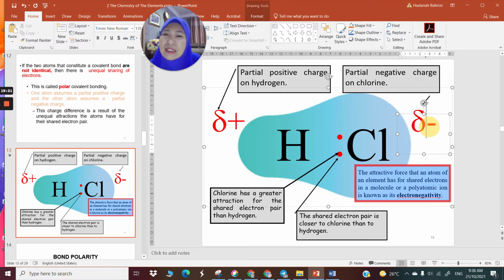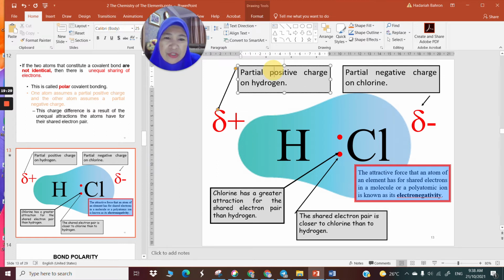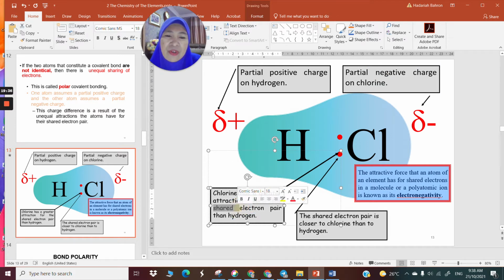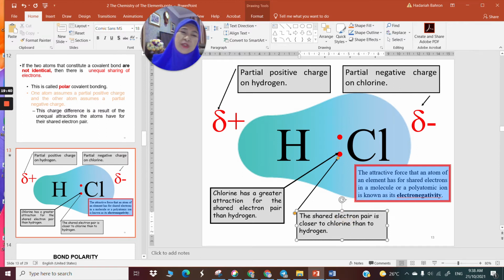So it is a delta negative, slightly negative, and this is a delta positive, slightly positive. So partial positive charge on hydrogen, partial negative charge on chlorine, and chlorine has a greater attraction for the shared electron pair than hydrogen, and the shared electron pair is closer to chlorine than hydrogen.